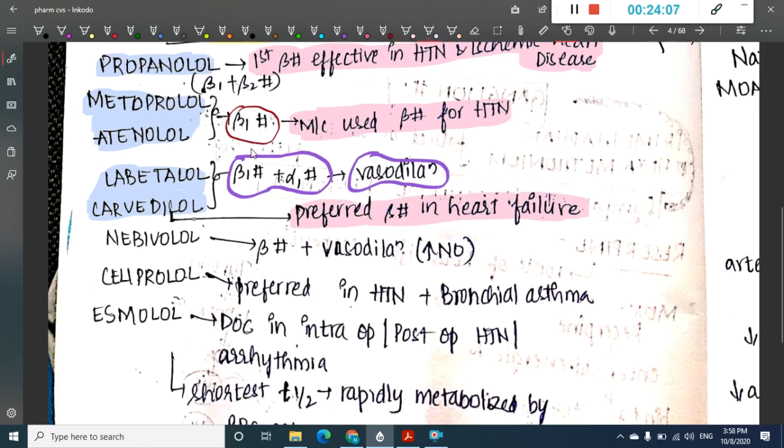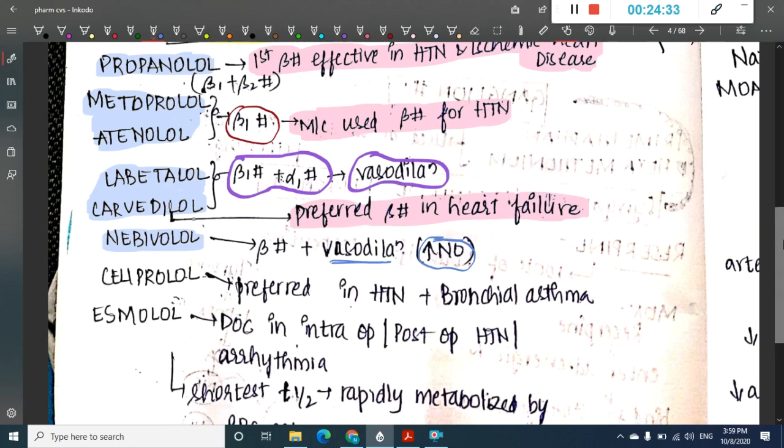What is the next drug? The next drug is nebivolol. This nebivolol has one more action: it increases nitric oxide. Because it increases nitric oxide, it has the property of vasodilatation.